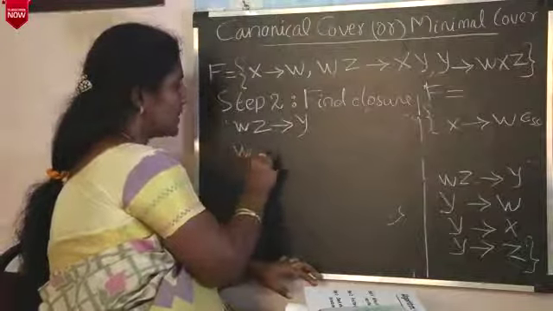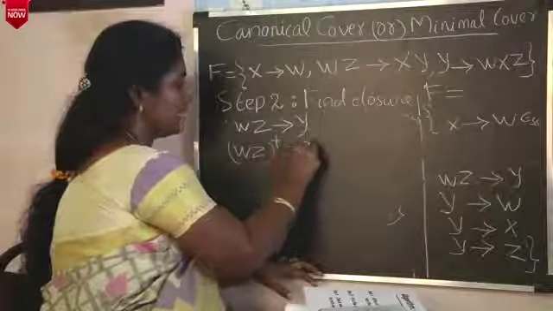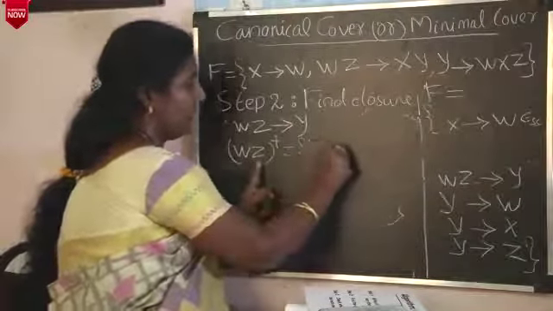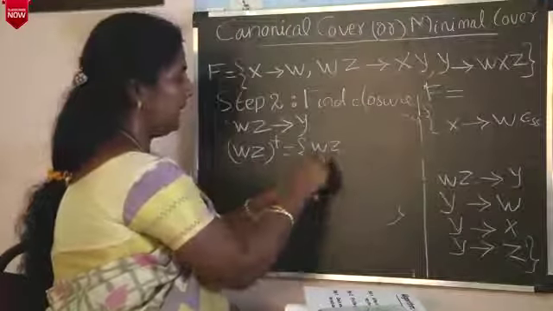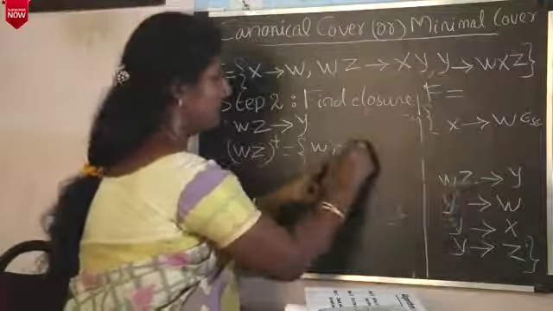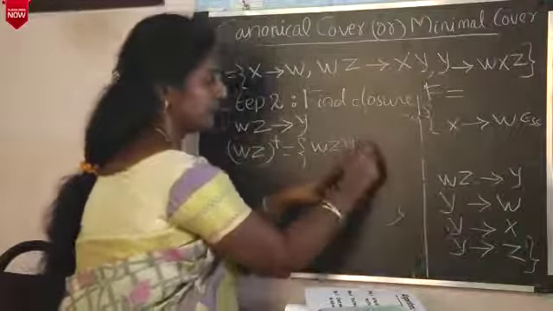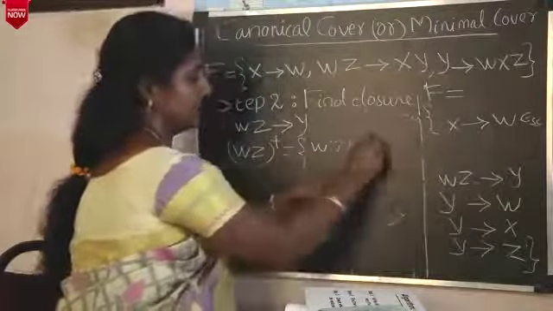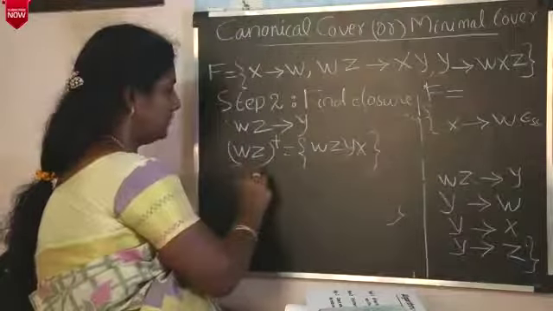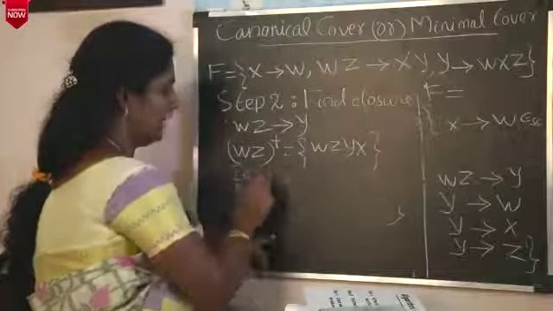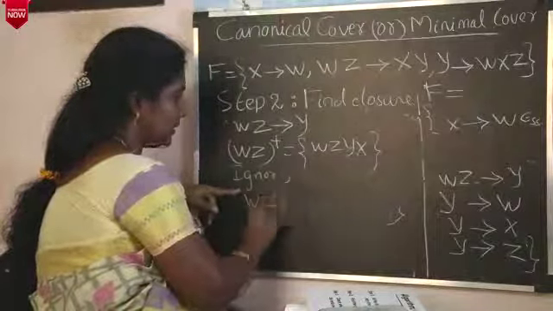So what is the closure of this one? Wz closure is equal to itself, and Wz determines y, y determines w, y determines x, y determines z. Now ignoring this, what is Wz closure?